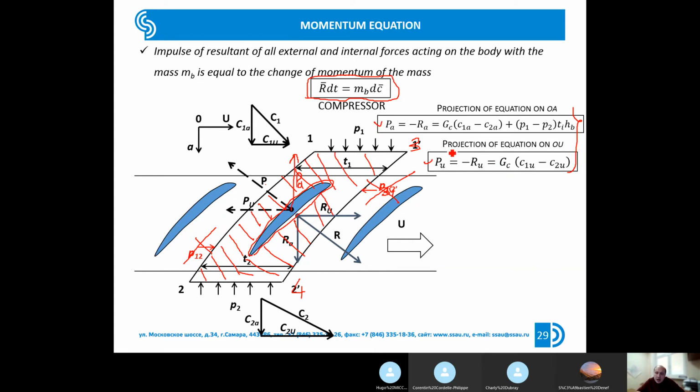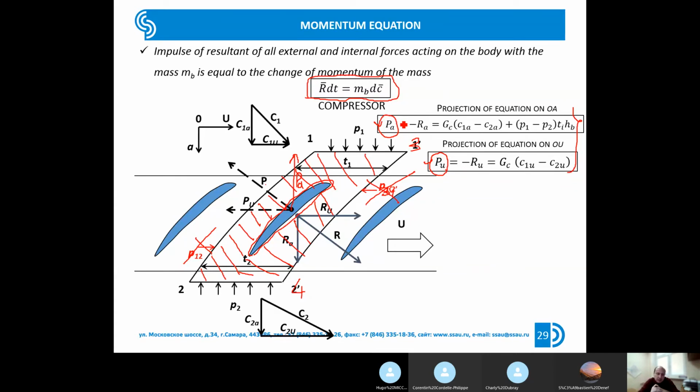This equation could help us to calculate PU and PA, the projections of the forces which impact the blade from the flow. Why are these forces important? Because these forces are used for calculating the stresses of the blades, and they create the lean, they twist the blade, and it's important to calculate it.